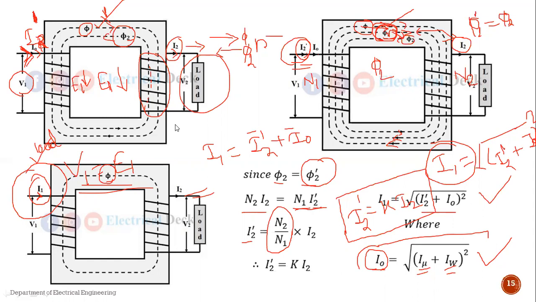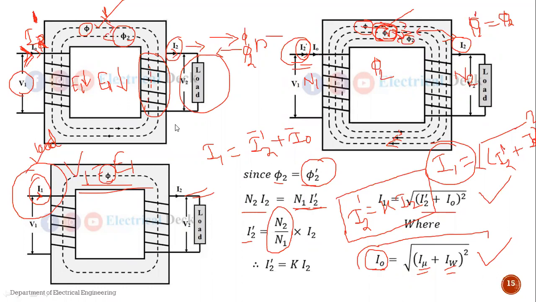And when the secondary side is loaded, at that situation some current flows from the secondary side. Now due to that current, some flux is set up in the secondary side. This flux is denoted as phi2. But this flux is in opposite to that of the main flux. The phi2 set up by the secondary current is produced in the opposite direction: one flux in clockwise direction, the other flux in anticlockwise direction. So some amount of flux cancels out each other.